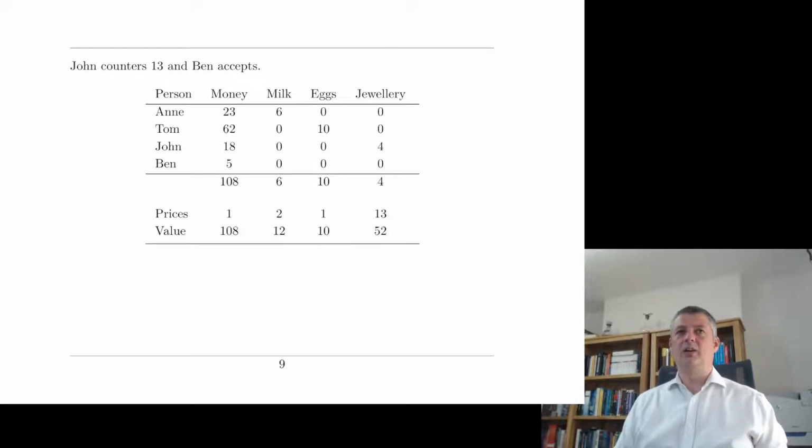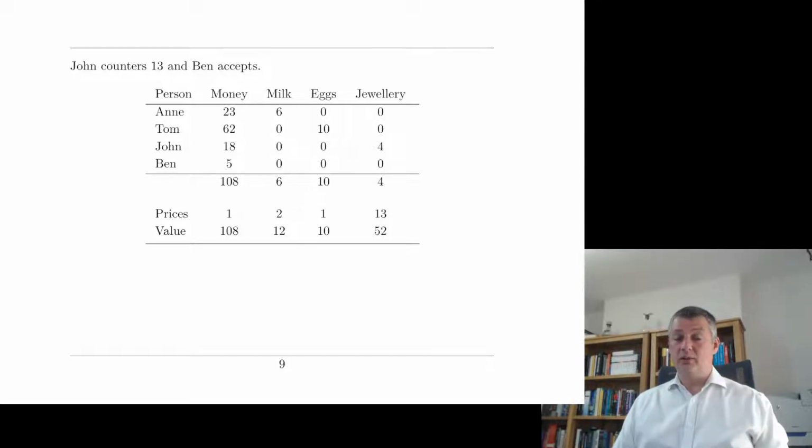So this is how the market, generally speaking, pressures buyers and sellers into prices that are agreeable to both parties. If John had been selling out of his jewelry, it's highly unlikely that he would have acquiesced to Ben's offer, but he wasn't, so there was an incentive for John to lower his price.